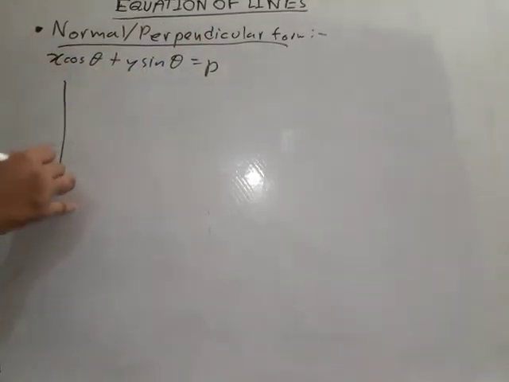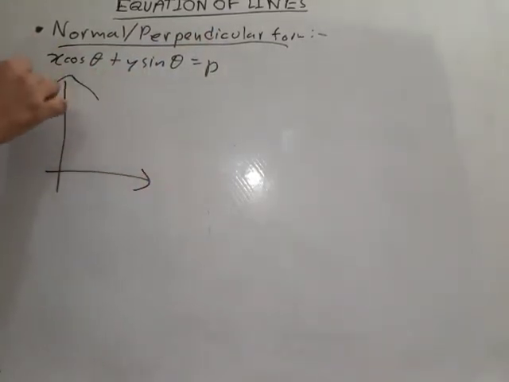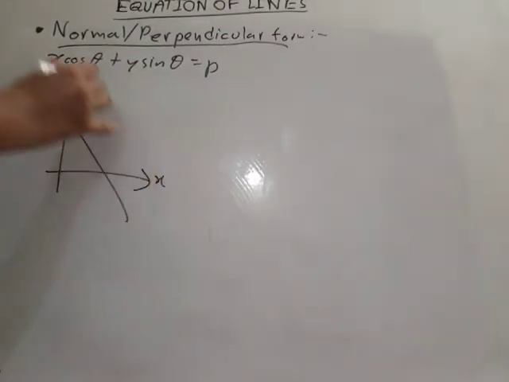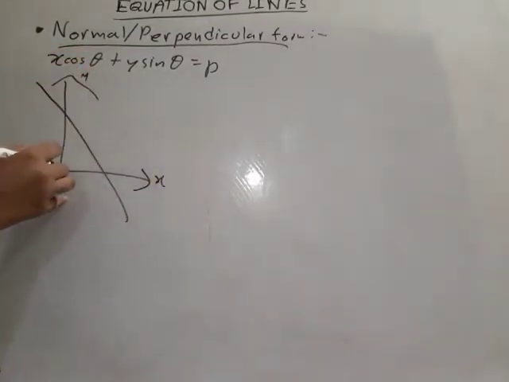Now what are cos theta, sin theta and p? Let us understand. The line is going like this. This is the x axis and this is the y axis. The perpendicular distance of the origin from this line is, suppose, p.